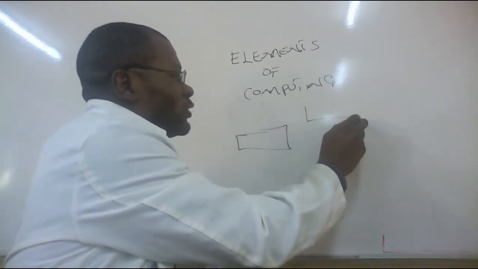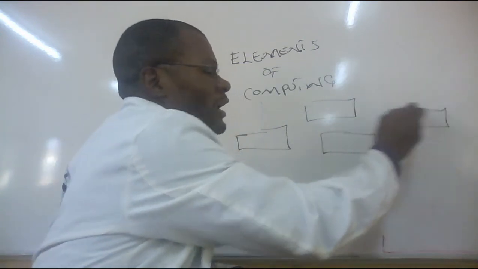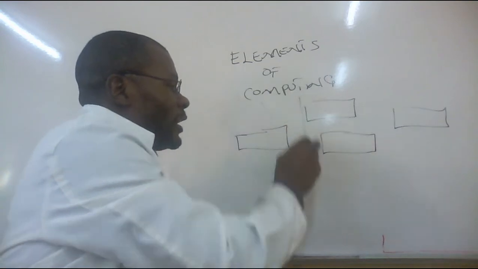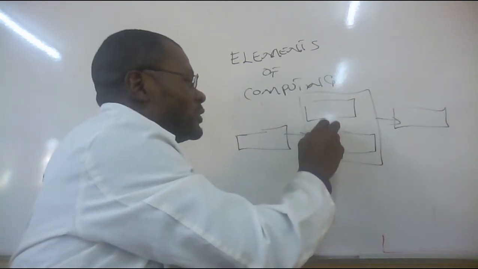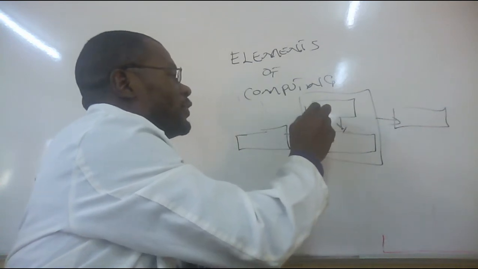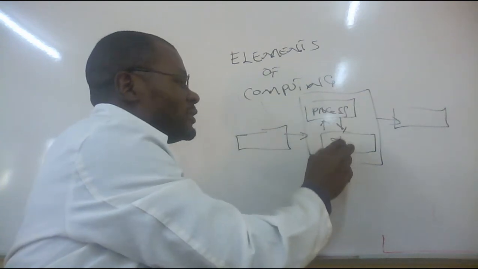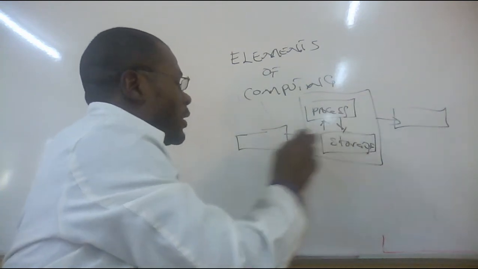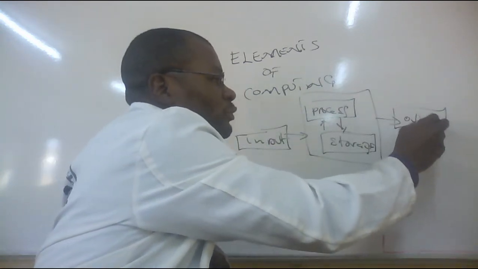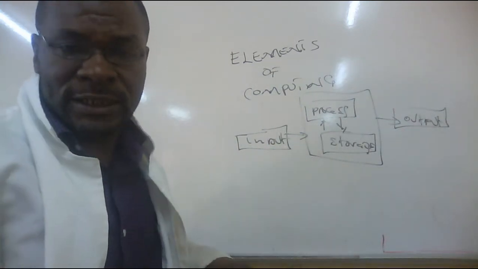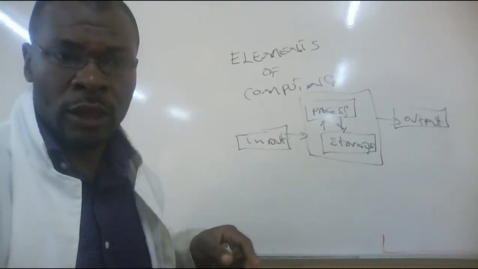You remember these drawings from the first part of the elements of the computing system, and we said that the elements of computing at junior secondary school, we normally call it the three computing stages. So there is process, there is storage, there is input, and we've got what we call the output on the other side of computing. And this is what we call the element of computing.